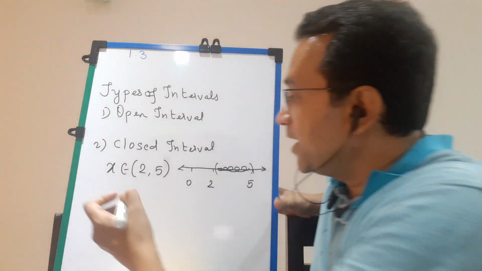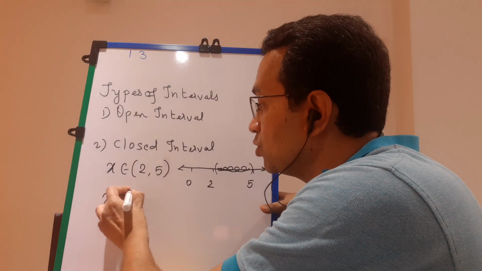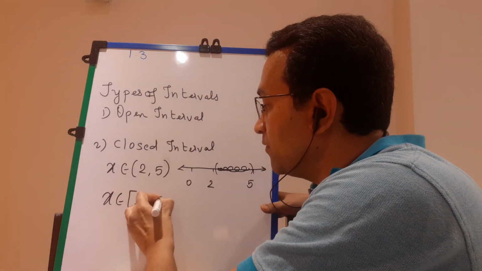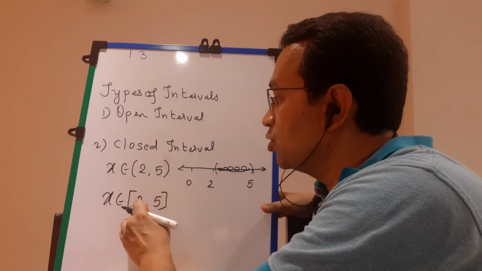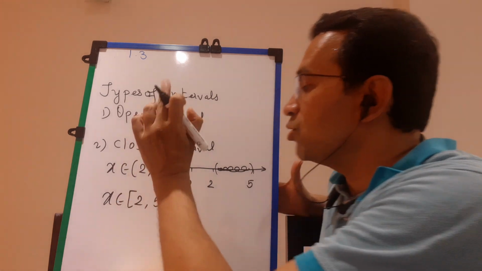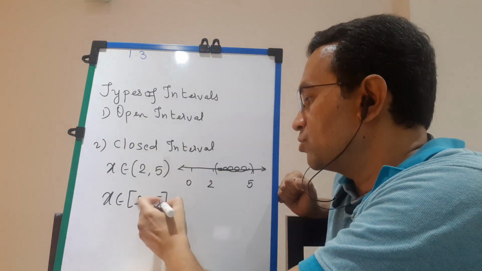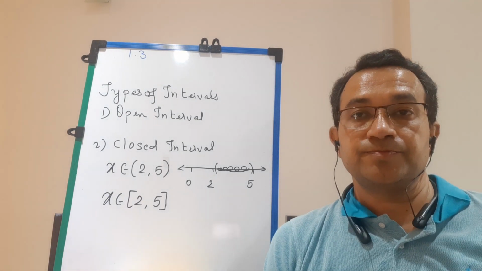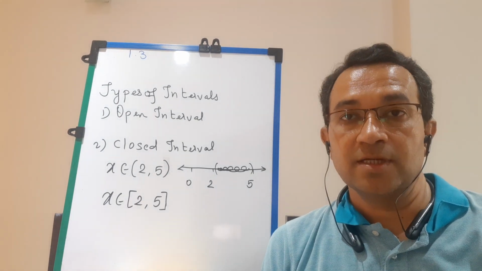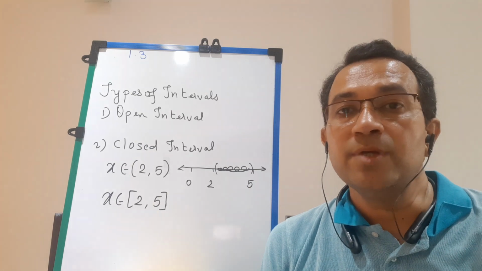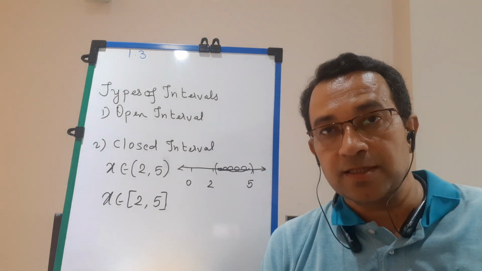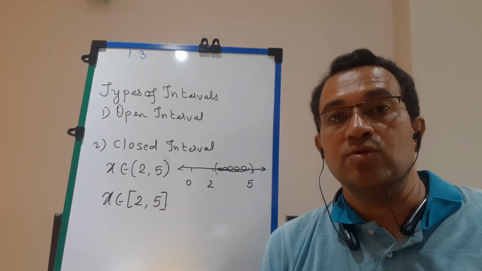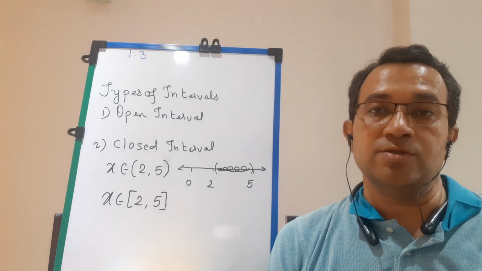Now students, if I write x belongs to the closed interval [2, 5], square brackets mean closed and simple brackets mean open. So what is the difference? x can be any number between 2 and 5, that stays correct, but x can be 2 also and x can be 5 also.